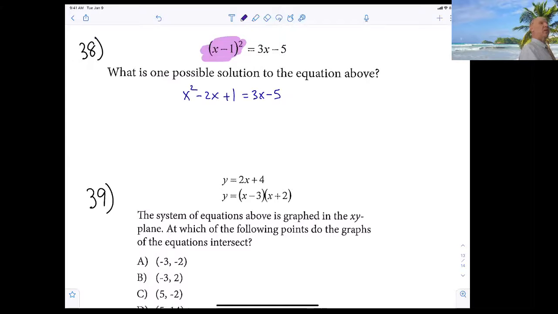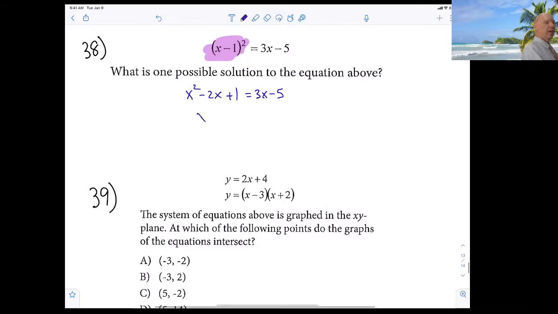Now we want to set everything equal to 0, correct? Minus 3x and add 5. Minus what? Stop. You guys think for yourself. And then what? Plus 6 equals 0. Now, how many times have we factored x squared minus 5x plus 6?